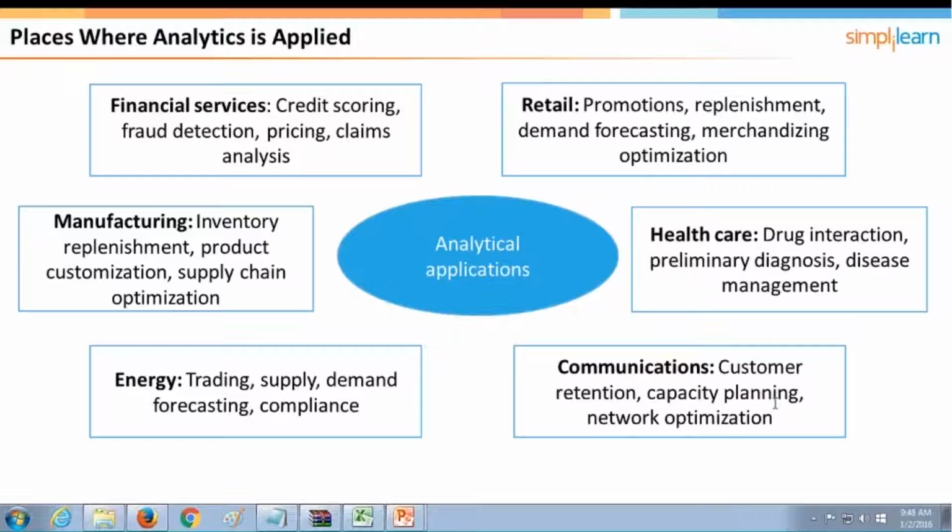And next, coming to pricing. For example, I'm going to launch a new product, say an ice cream. What price should I fix for my particular ice cream? How would you solve this problem? These are all the problems which the retail sector faces.